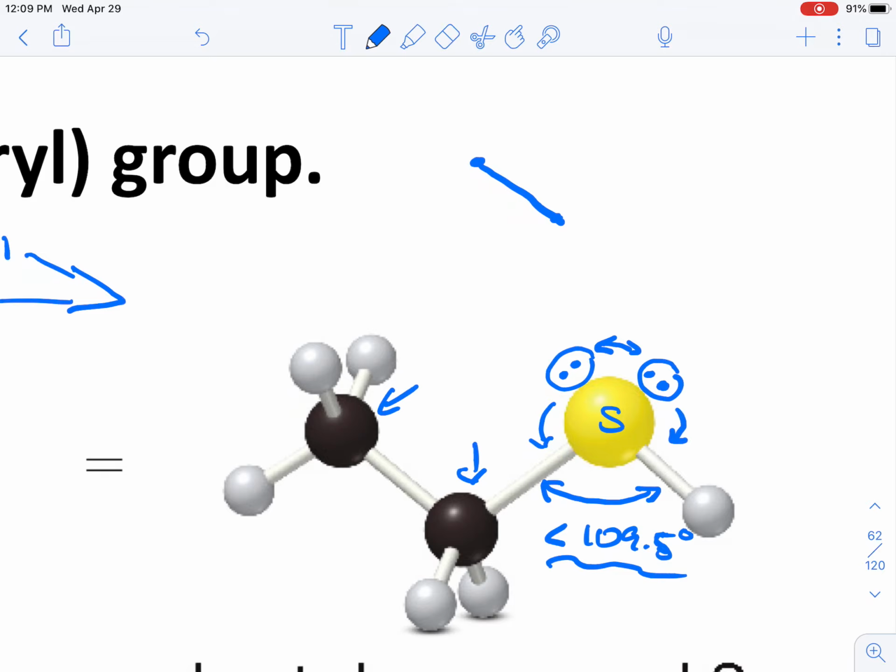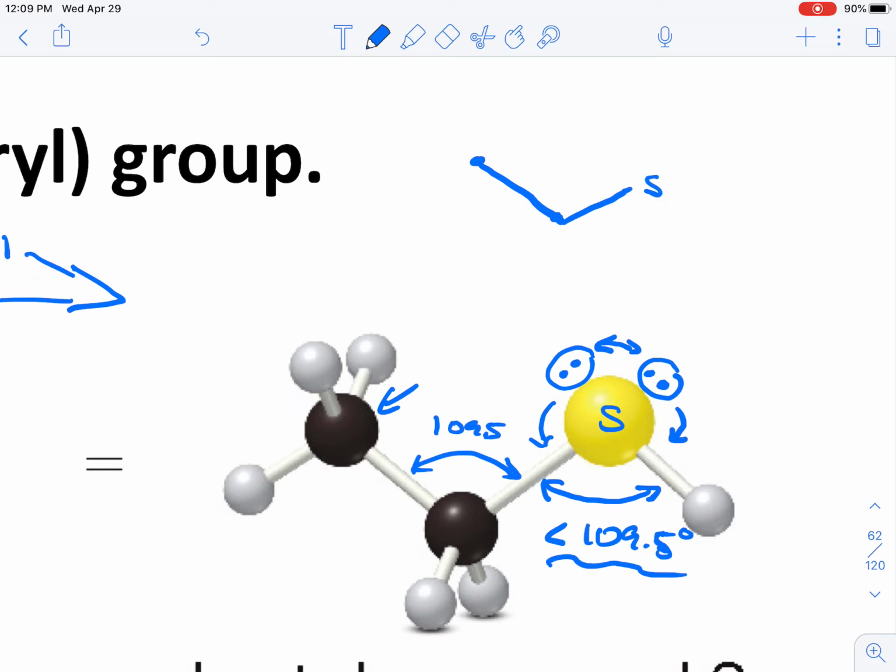And then since this carbon right here has a bond angle of 109.5, that's going to tell us that we're going to have to bend the bond that leads to sulfur.